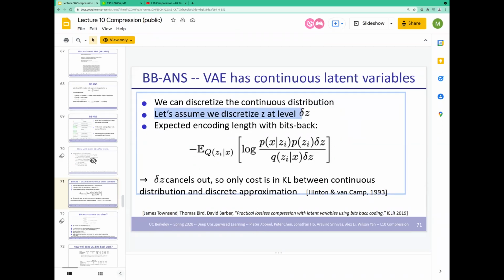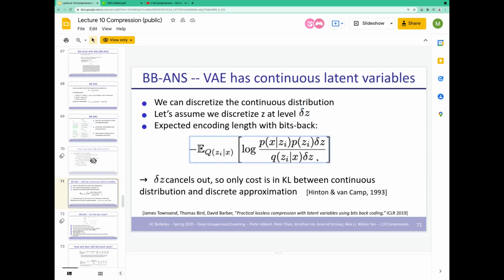And so the expected encoding length is this one. Yeah, this is some weird notation with delta Z that it cancels out. And it's probably some discretization level thing that they talked about here.